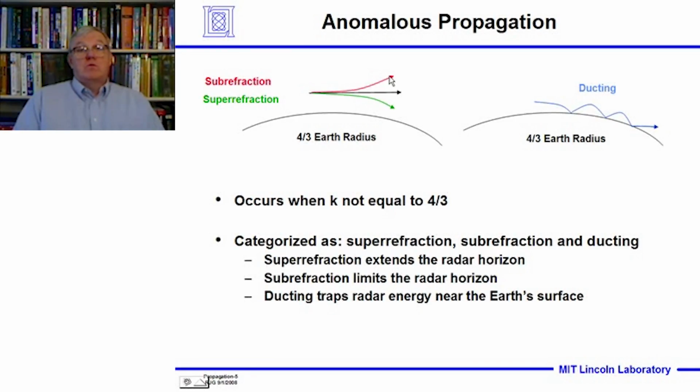But if we have more than that, we call it superrefraction. And if the decrease in refractivity goes up to 160 parts per million per kilometer, then we call that ducting, and that effectively has the radar beam trapped, following the Earth's horizon, only limited by the attenuation of the beam.